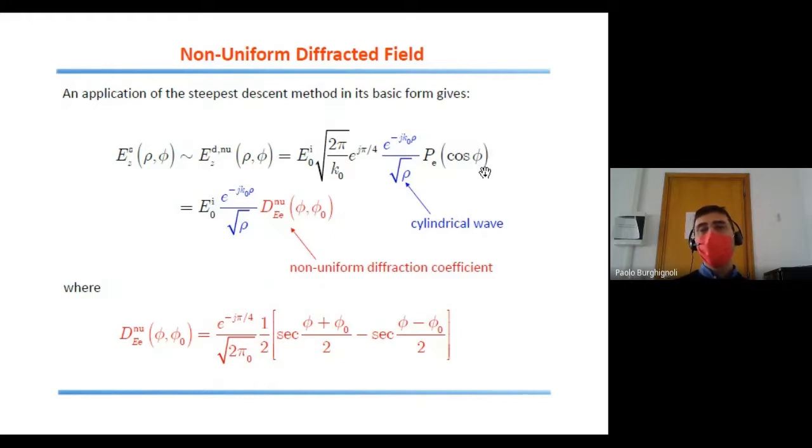And this is typically cast in the form of the second line here, where you can see there is the amplitude of the incident field, then there is the cylindrical wave, and everything else, this red factor here that depends on the angle phi, and which is parameterized by the incident angle phi 0, whose explicit expression is given below, and that is by definition a diffraction coefficient.